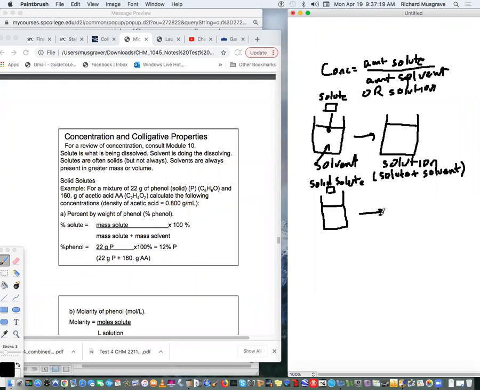A solid solute, you stick it in and you'll notice that there's really no appreciable change, no significant change in solution volume. So I'll give you an example. If you were to take an Alka-Seltzer and put it into water, you'll notice that the volume of the water doesn't change much, and that's important. No significant change in solution volume.